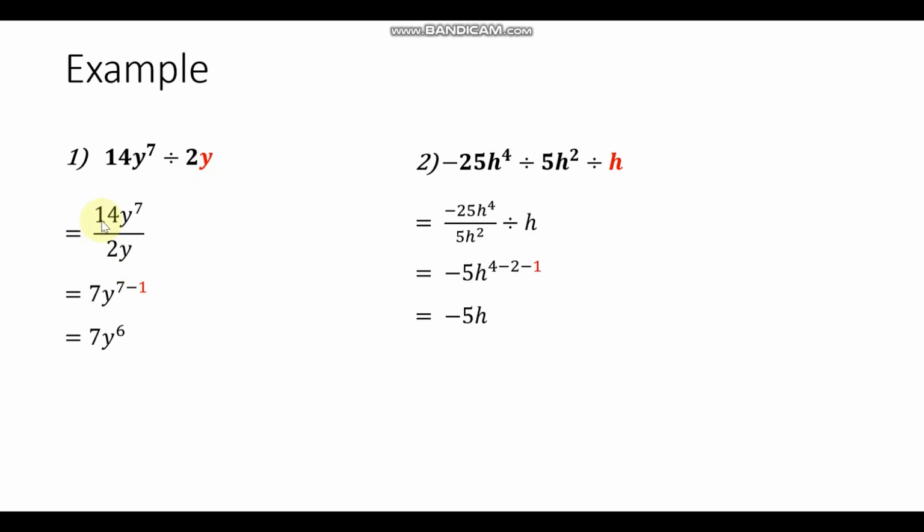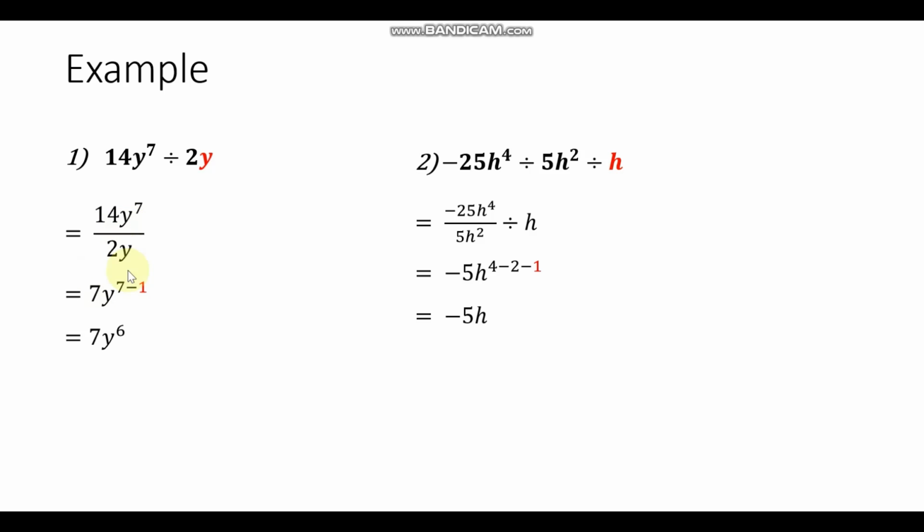Okay. Next step, we have to write them into fraction form, for example, like this: 14y to the power of 7 divided by 2y. After we write it into fraction form, we can transfer it like this. 14 divided by 2, we get 7.